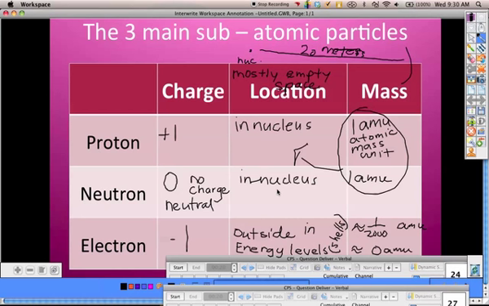Which would be like saying I'm going to take about 1,500 aircraft and shove them into a space of a 1 centimeter diameter. So we've got something really dense here compared to the atom overall. Dense nucleus.